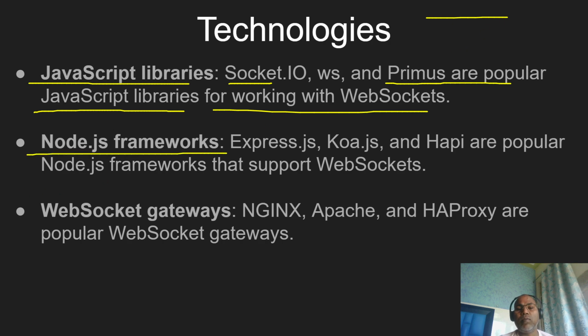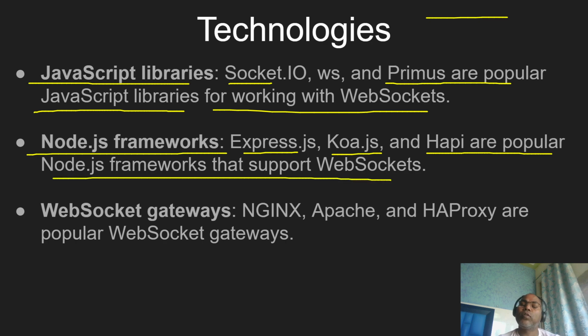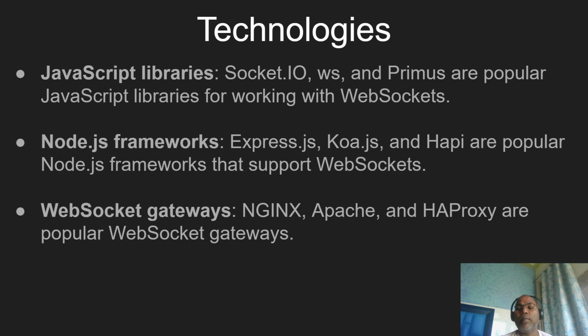Similarly, for Node.js, web frameworks such as Express.js, Koa.js, and Hapi are popular and support WebSocket. Even WebSocket gateways are available, as larger applications require a WebSocket gateway. Nginx, Apache, and HAProxy are popular WebSocket gateways that help us scale our applications.